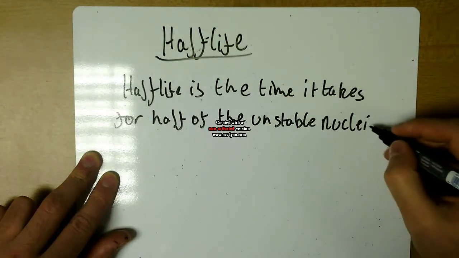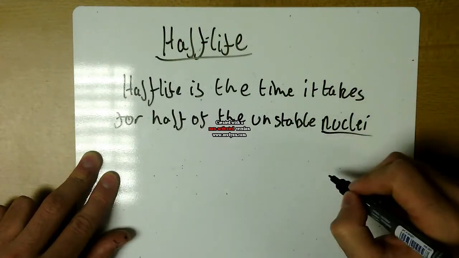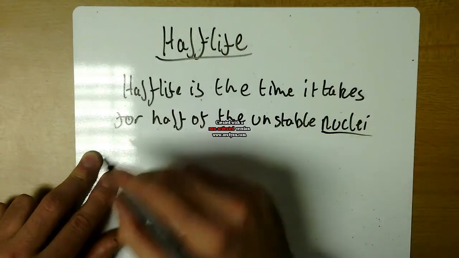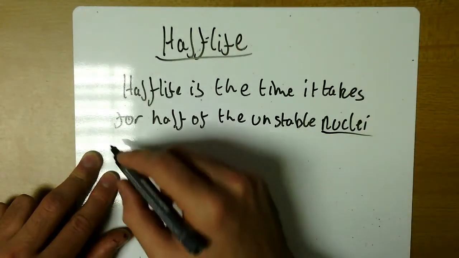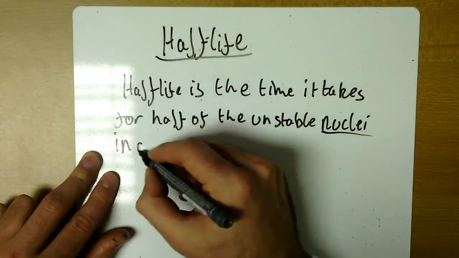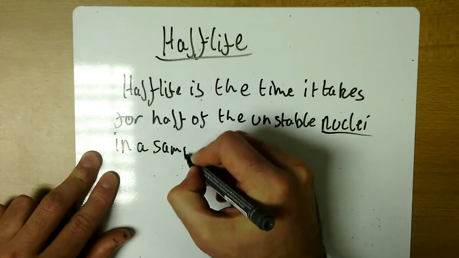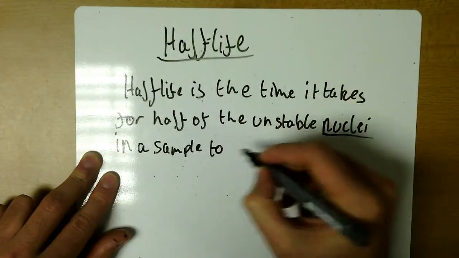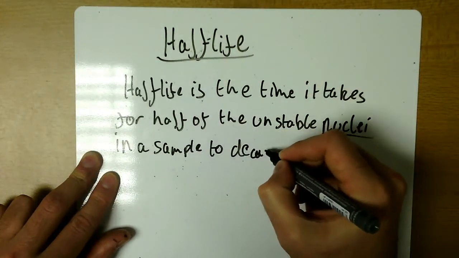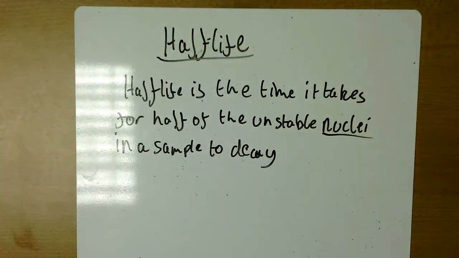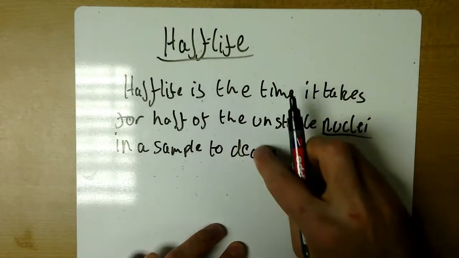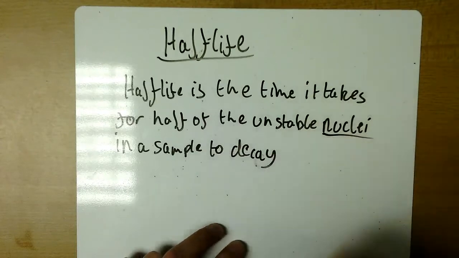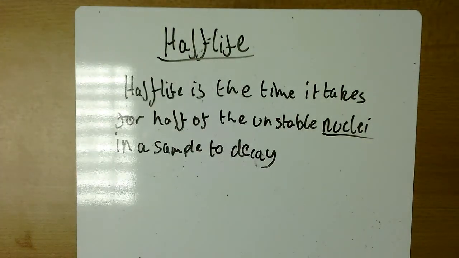So that is the nucleus of an atom, and that is the plural for nucleus. Really important you get that word in there. So half the unstable nuclei in a sample to decay. So obviously we need to write that down as a little definition first, to make sure that actually makes sense for you. So that is what half-life is.